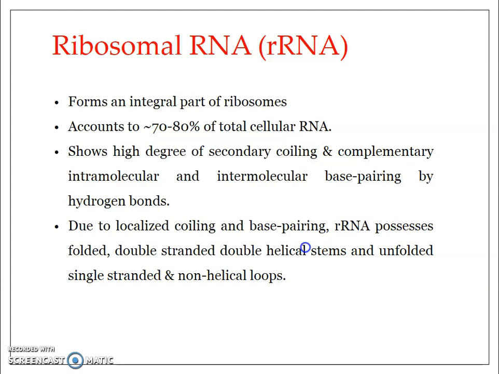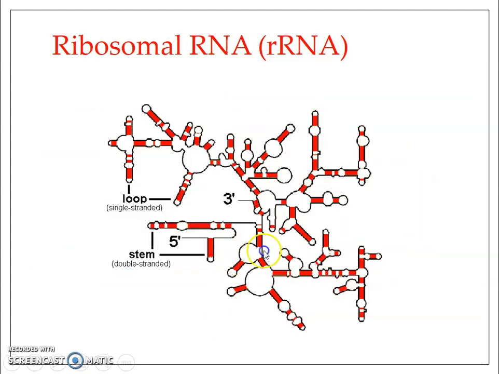Okay, so it can only lead to the formation of a kind of secondary structure where the secondary structure of the rRNA is a complex pattern of short double-stranded stems interspersed with unpaired single-stranded loops and bubbles, and this is what we can see over here.